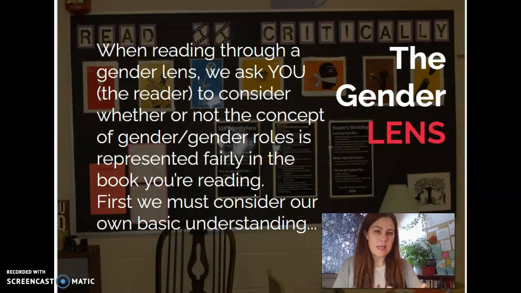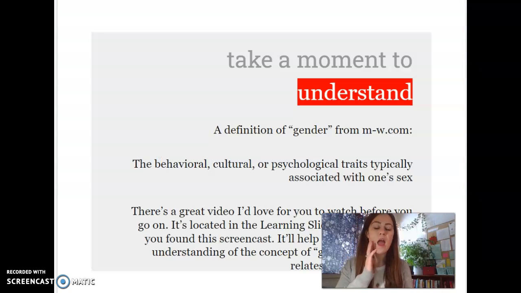When reading through a gender lens, we ask you, the reader, to consider whether or not the concept of gender and gender roles is represented fairly, in your opinion, in the book you're reading. First, we must consider our own basic understanding.